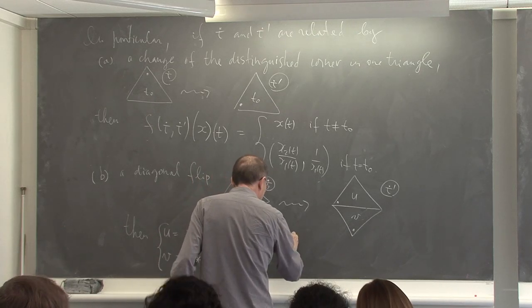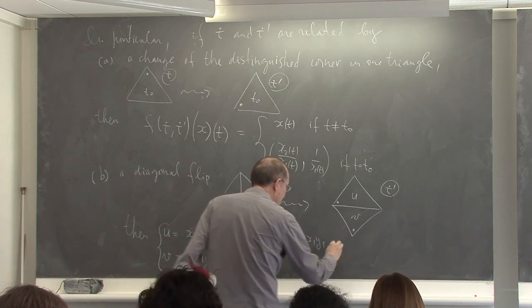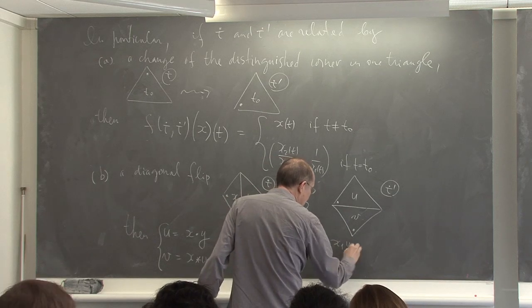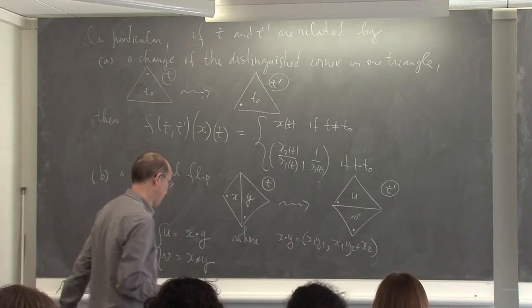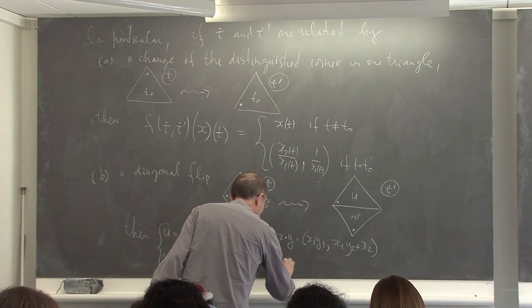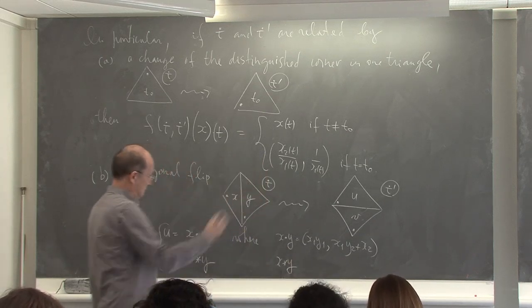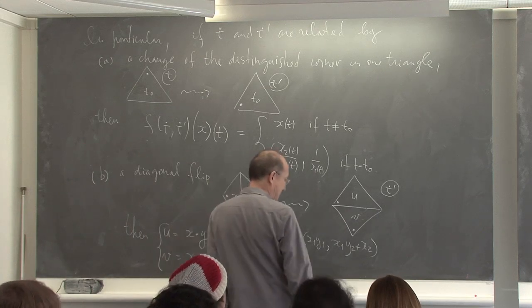Here is x dot y: it is x1 y1 comma x1 y2 plus x2. So this is the dot operation, and the star operation is a little longer, and I have smaller space for a bigger formula.